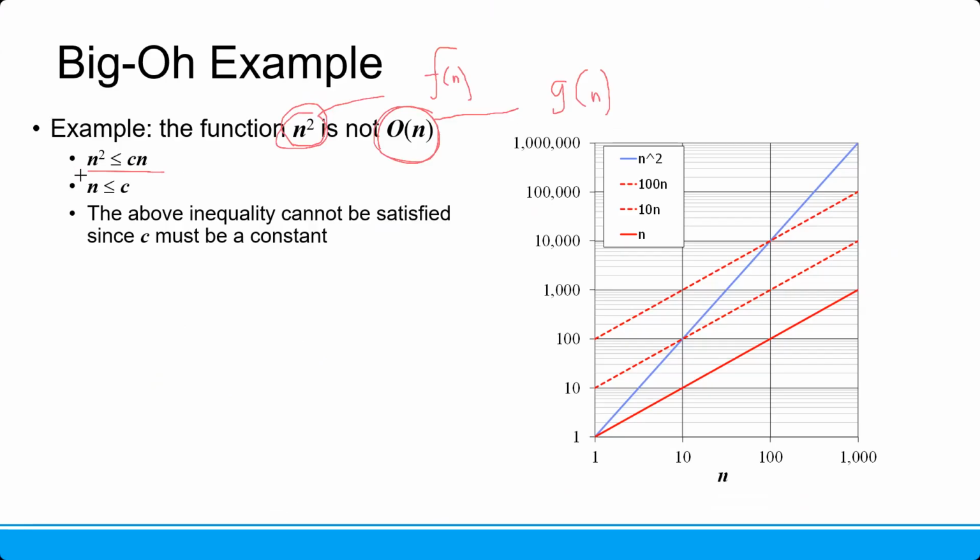And you can do n power of 2 less than c constant times n. Then if we do the derivation, it will be n less than or equal to c. So in this case, the above inequality cannot be satisfied since c must be a constant. In this case, n power of 2 is not O(n).